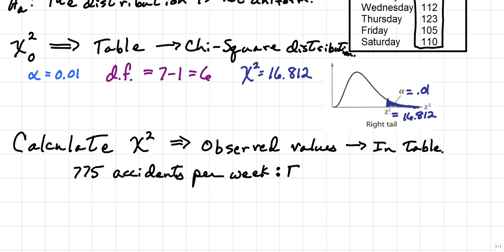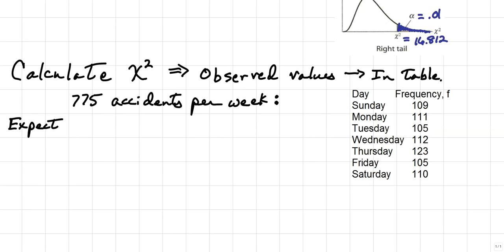So the expected value per day will be the sum of these numbers divided by 7.